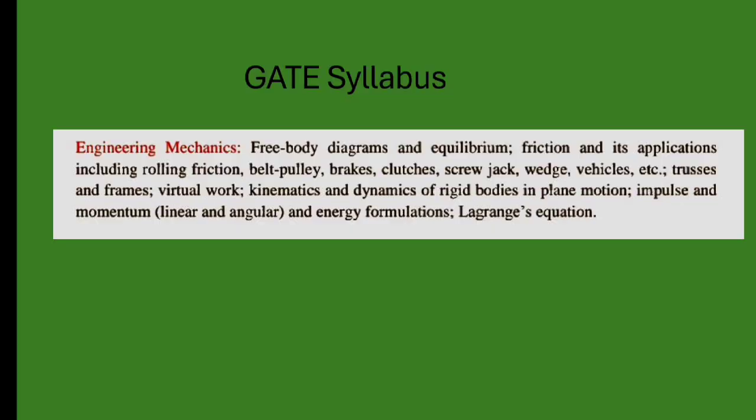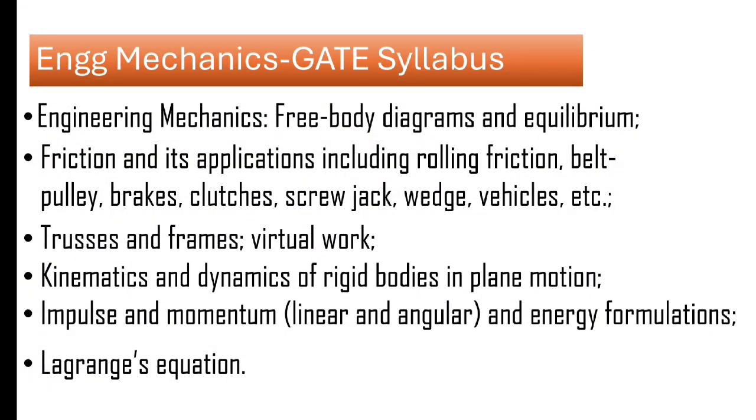This is the GATE syllabus. We'll see each topic with a formula. The first topic is engineering mechanics, free body diagrams and equilibrium. The second one is friction and its applications, including rolling friction, belt, pulley, brakes, clutches, screw jack, wedge and vehicles, etc. The third topic is trusses and frames and virtual work.